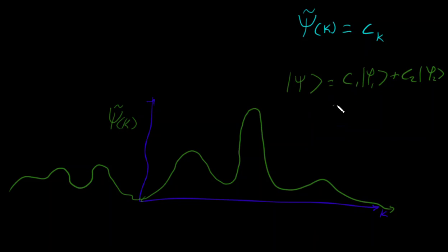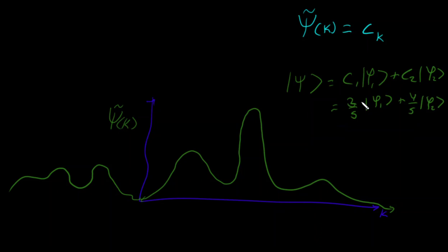If I just write out, let's see, no, sorry, it would be like this. If I had 3/5 phi1 plus 4/5 phi2, this is normalized.